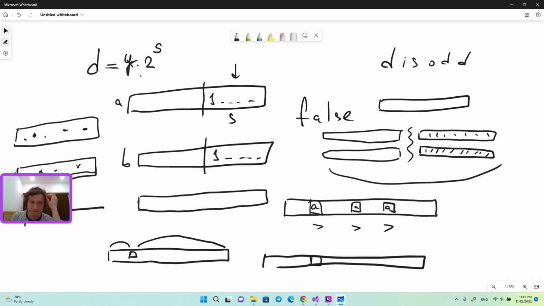So what actually is happening? For this place, we can choose any number that is at least the previous number.